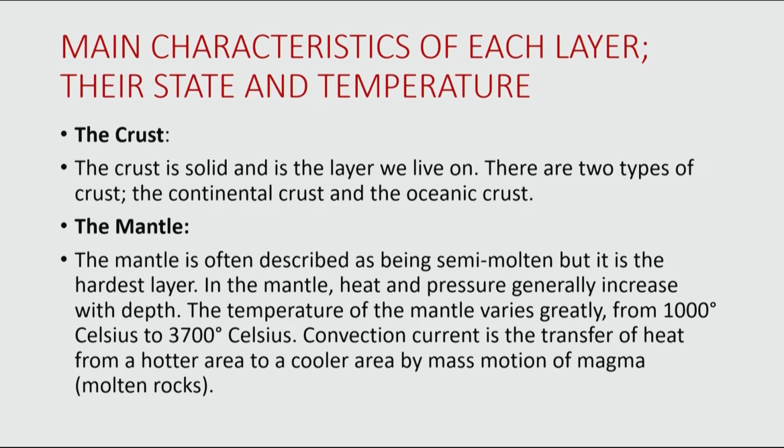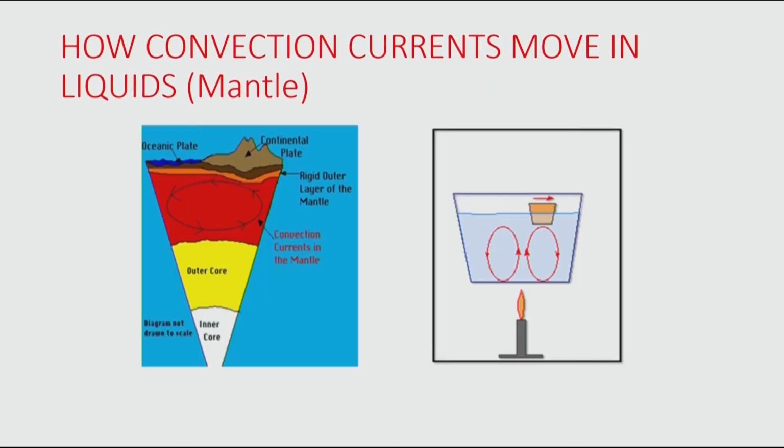Because of this extreme temperature and its state of matter, semi-molten or semi-liquid, this liquid form is affected by the heat and convection currents move in it, like we are able to see in the picture here. The picture on my left shows the parts of the Earth.